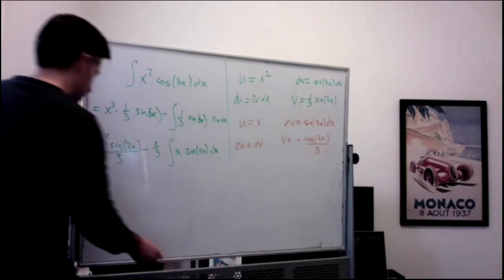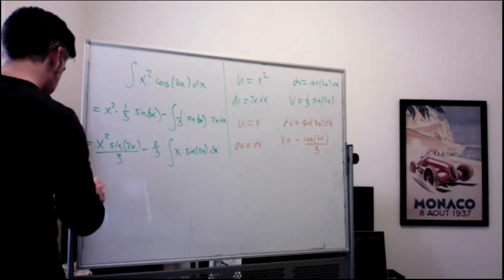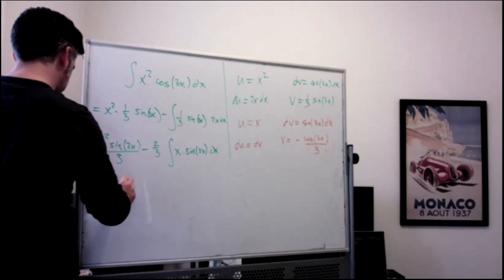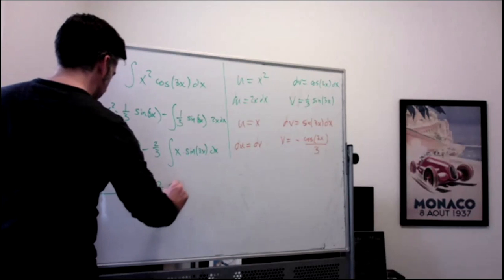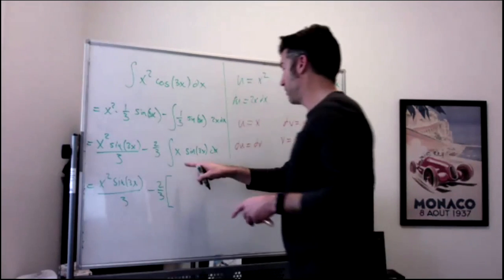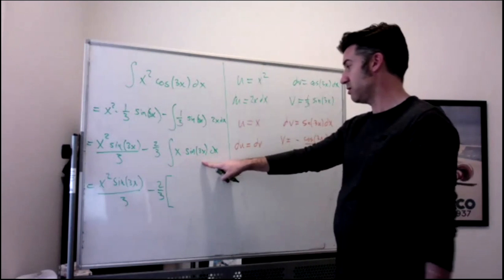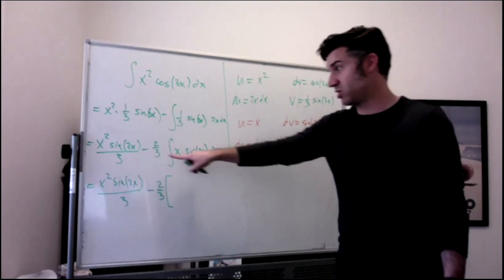So now what we get is, we still have all of this, right? That's still there, it didn't go away. We get x squared sine of 3x over 3 minus 2/3 times, okay, the integral of u dv is going to be uv minus the integral of v du, but it's 2/3 times all of that.